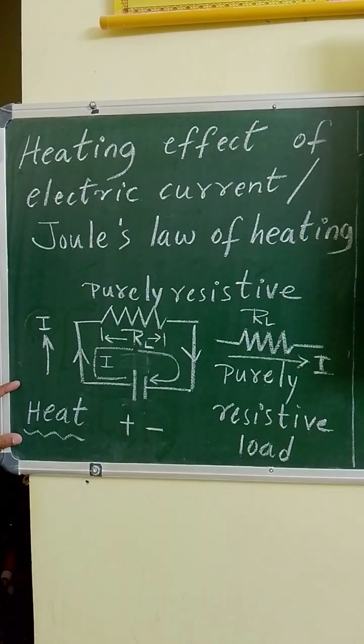So here the source energy continuously gets dissipated entirely in the form of heat. This is known as the heating effect of electric current.